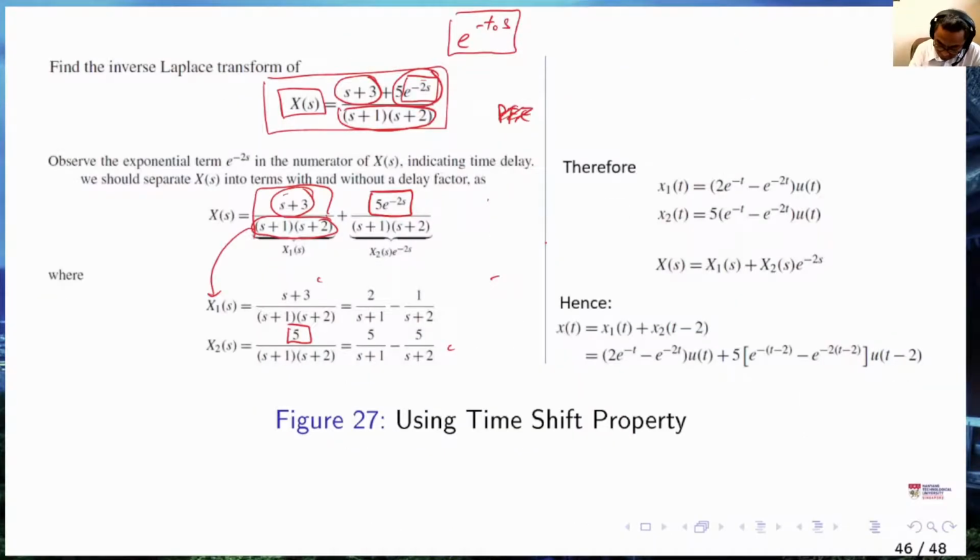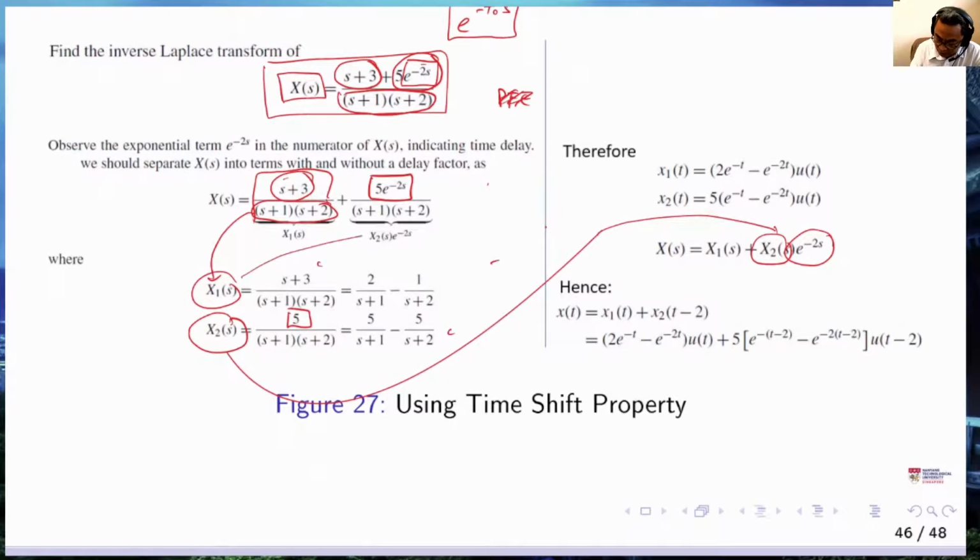How do we do that? Well, X2 of s will have this term, X2 of s times e to the minus 2s. The X1 of s is this one. So let's study the second term.